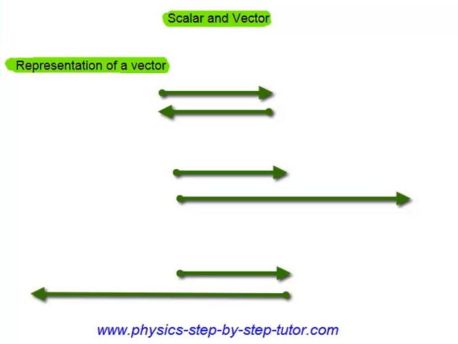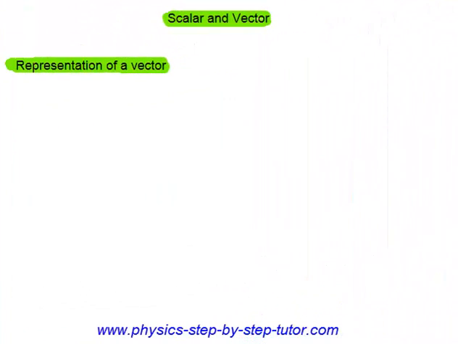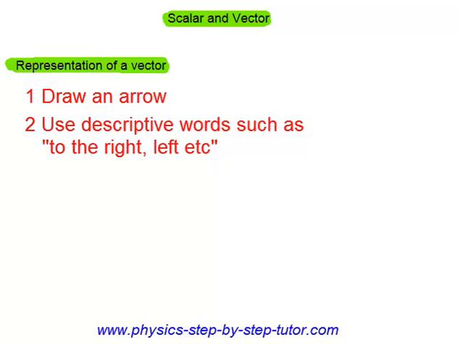There are, of course, several ways in which the direction of a vector could be given. One of them is just to indicate with the arrowhead. The arrowhead itself shows the direction of the vector. The other one is to use words like to the right, to the left, upwards, downwards, and so on.